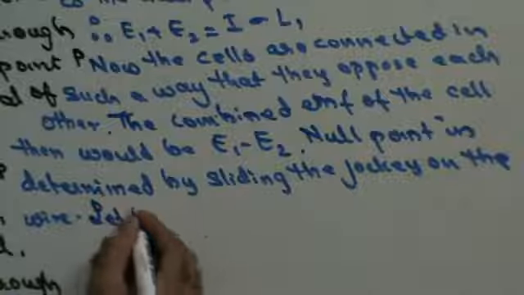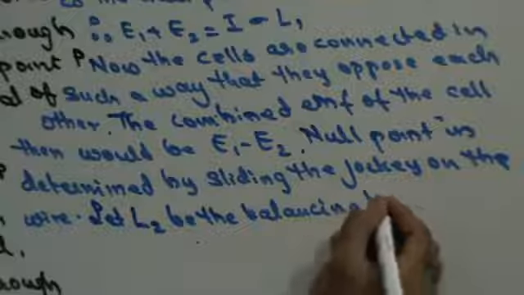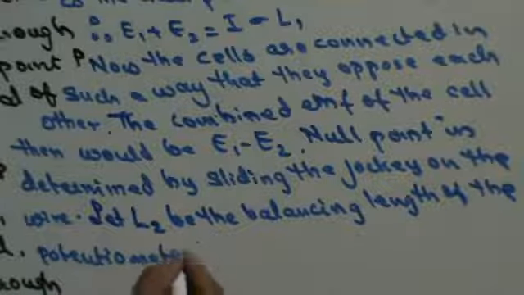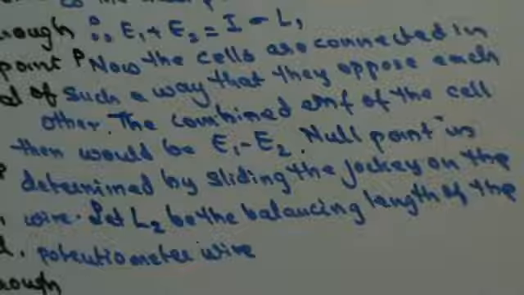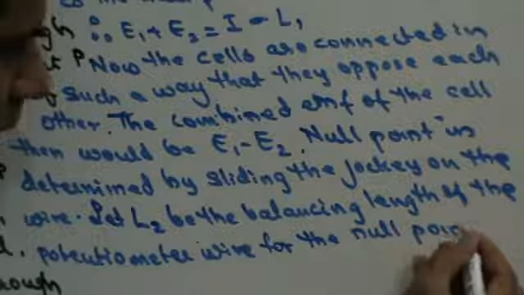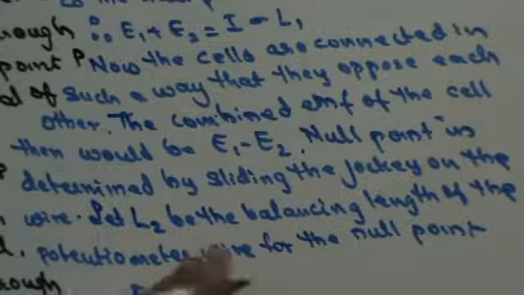Now, let's assume that L2 is the balancing length of the potentiometer wire for the null point in the arrangement, in which case I can therefore say that E1 minus E2 is I times sigma L2, right?